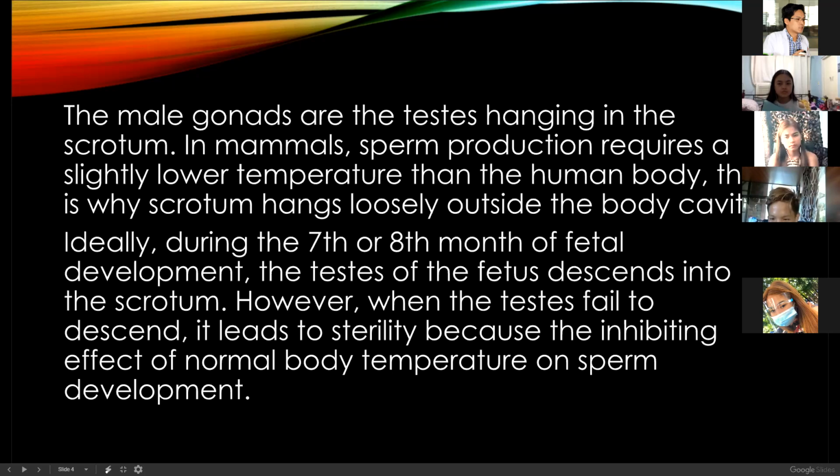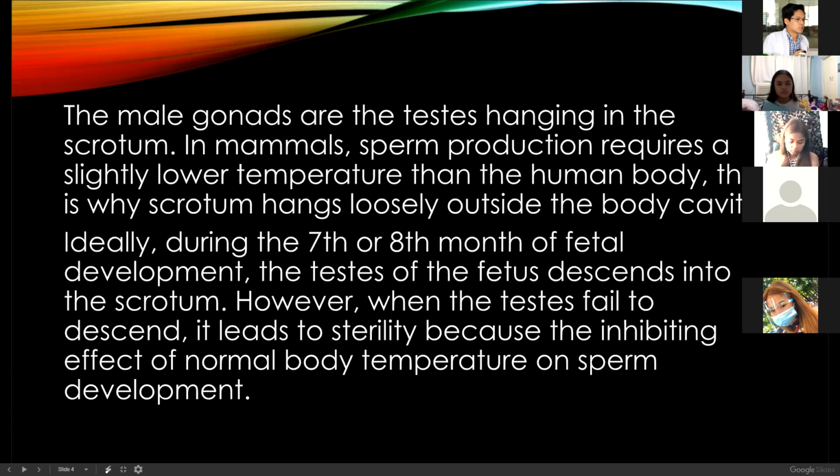Remember, what is the normal human body temperature? 36 to 37 degrees. That's the normal human body temperature. So the sperm cell needs a lower temperature in order to maintain its life. Higher than that, it can actually kill the sperm cells.